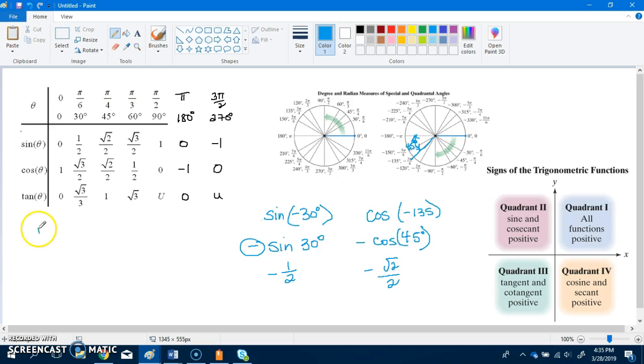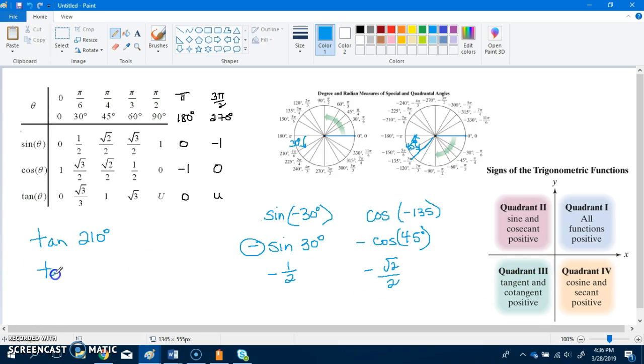Okay, let's do the tan of 210 degrees. You can see that 210 is not a special angle, so we have to use a reference angle for this. So again, first of all, identify where 210 is on your unit circle. You can see that my reference angle is going to be 30 degrees, and it's in quadrant 3.